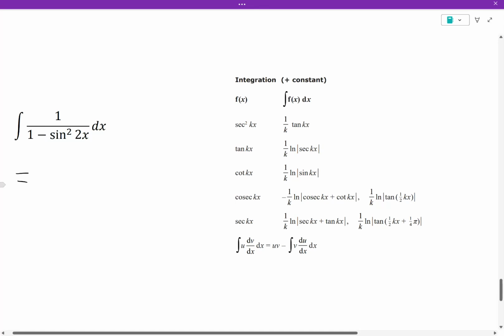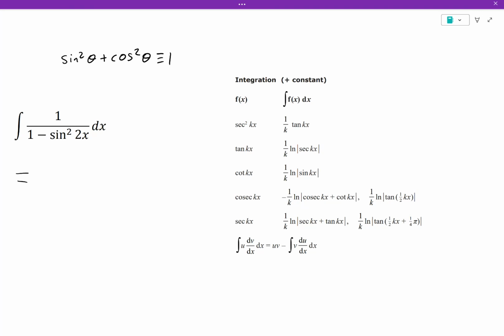And yes, we can, because we can use the identity that sine squared theta plus cos squared theta is identical to 1. So we can rewrite this integral as 1 over, if we rearrange our identity, cos squared theta is identical to 1 take sine squared theta. So 1 take sine squared 2x becomes cos squared 2x, with respect to x.